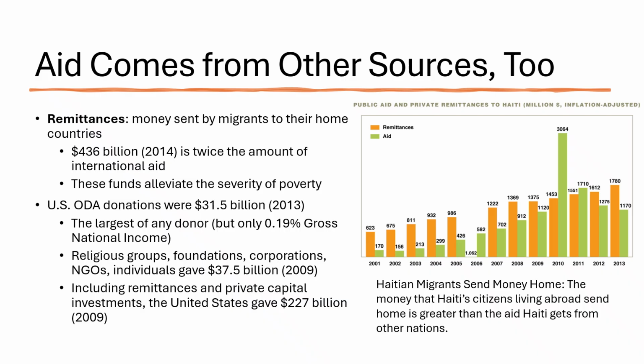The ODA donations have been mostly subsidized by the US, definitely one of the largest of any donors. Among the partners, you have religious groups, foundations, corporations, and NGOs, which have raised funds.